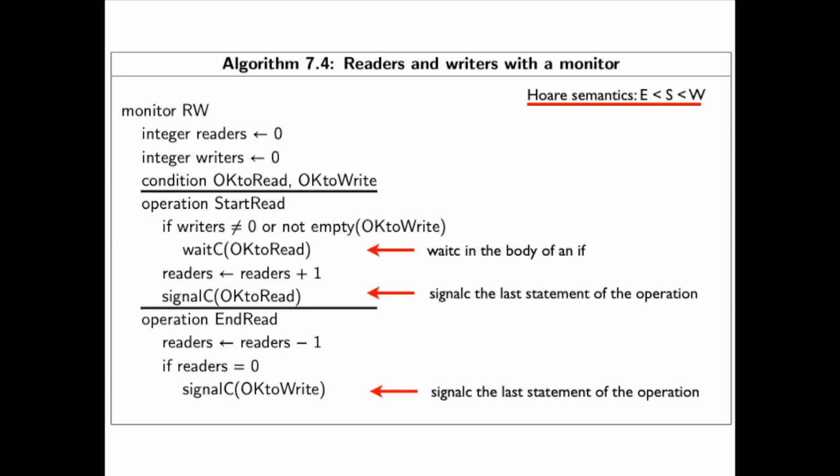And by the immediate resumption requirement, the second reader will execute readers gets readers plus 1 and again signal C OK to read. And then the third reader will immediately resume, execute readers gets readers plus 1 and then execute signal C OK to read. And that cascading effect will let in all the blocked readers who will be able to be in the database reading at the same time.